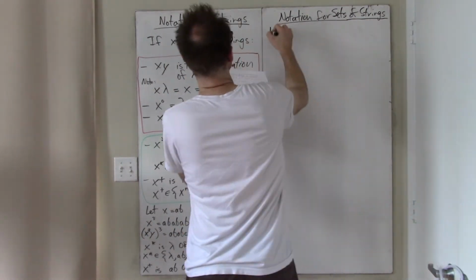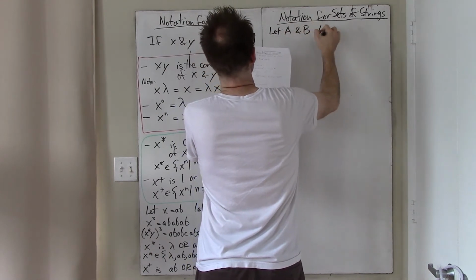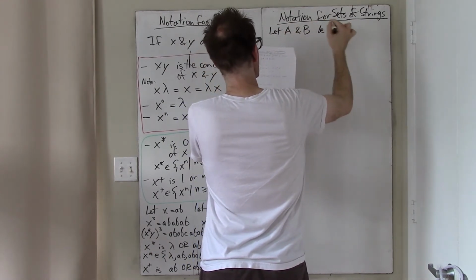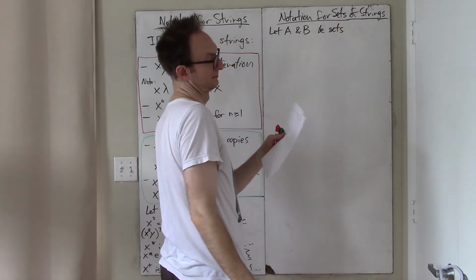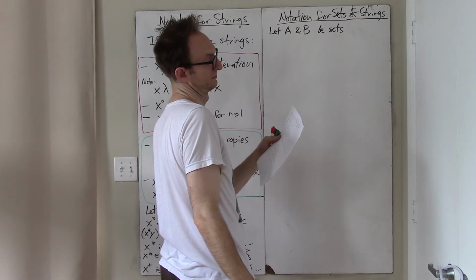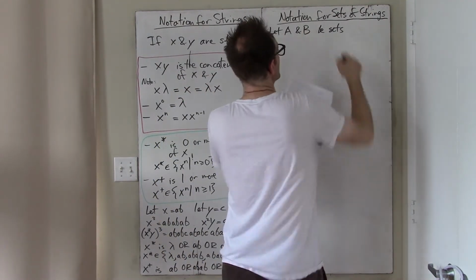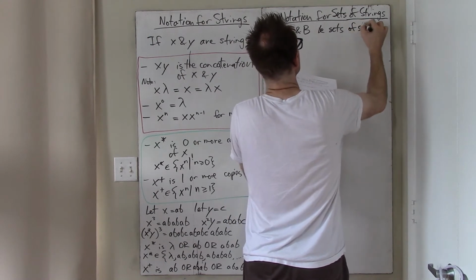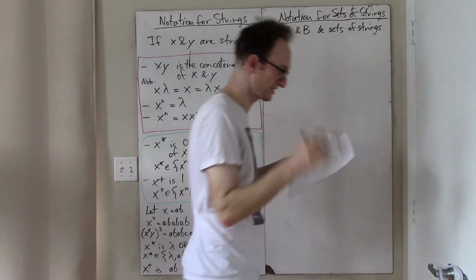Okay, I'm going to try to write small. Let A and B be sets of strings, is really what I want to say.